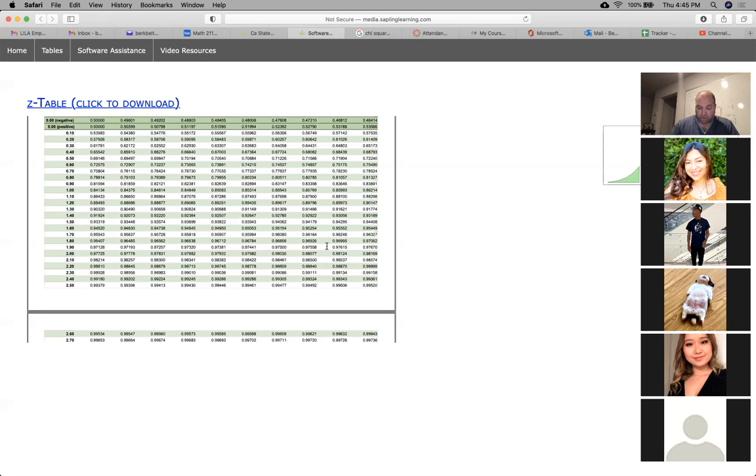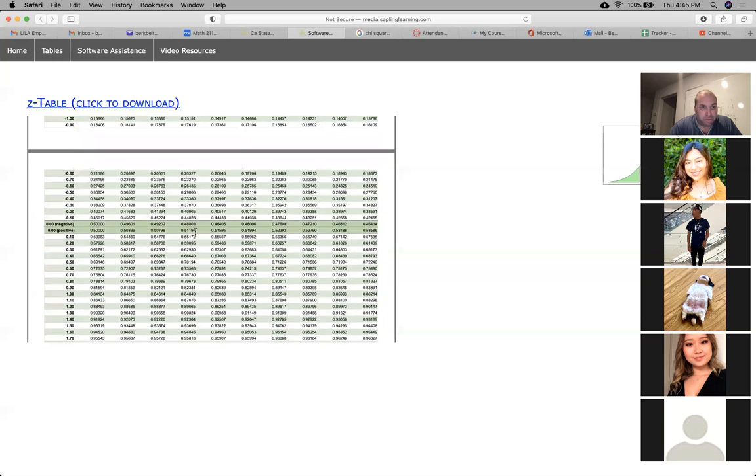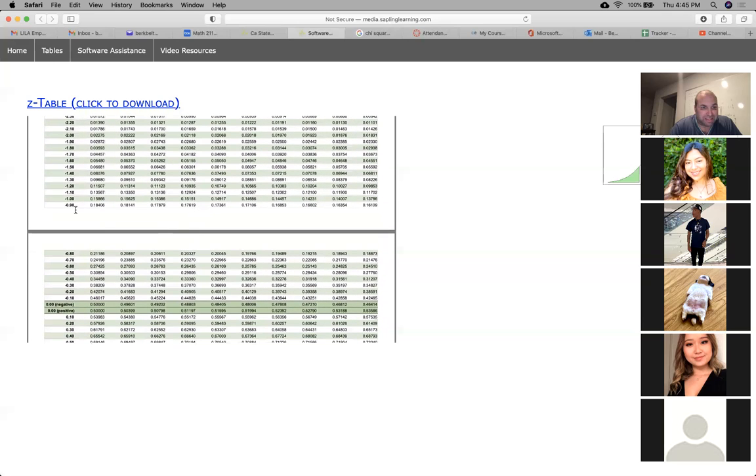The same thing with the other one, which is negative 0.942. I go to negative 0.91, 0.92, 0.93, 0.94. It's between these two, and it's much closer to this one, so I'll just use that one. 0.17361.